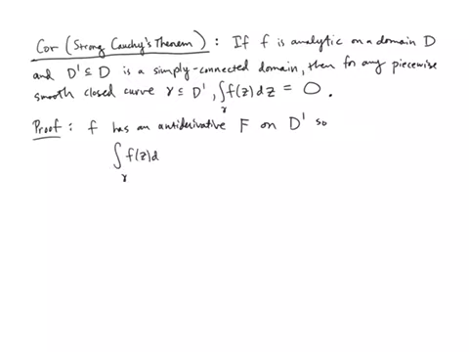And what we know is that in our domain, we can always connect z0 to w with a polygonal path, right? So we can take a polygonal path like this that goes from z0 to w. As long as we can cover this polygonal path with disks, we would be done.